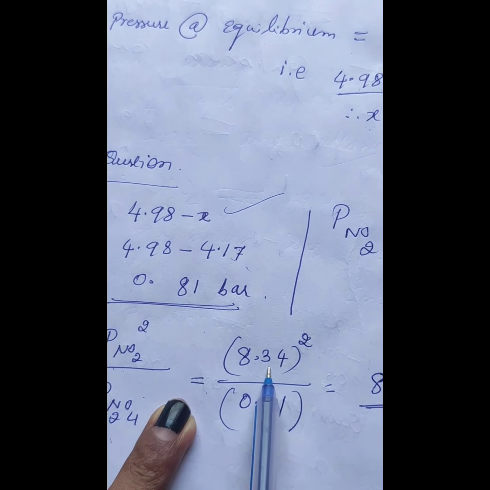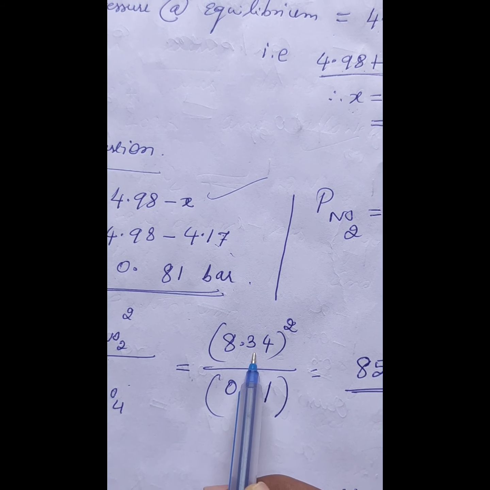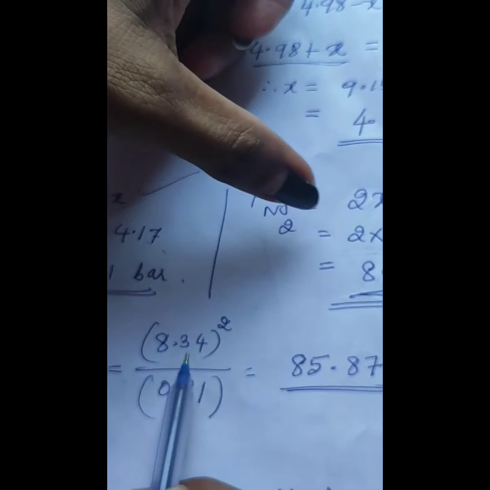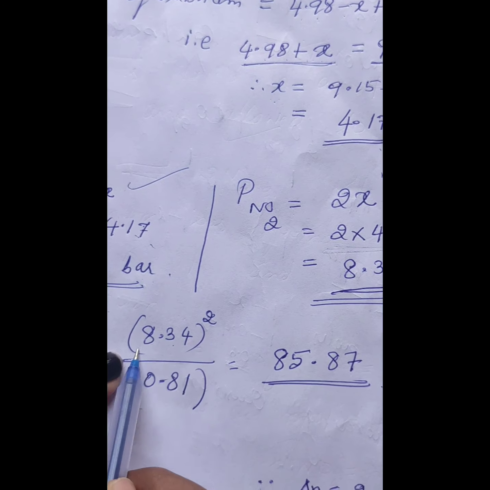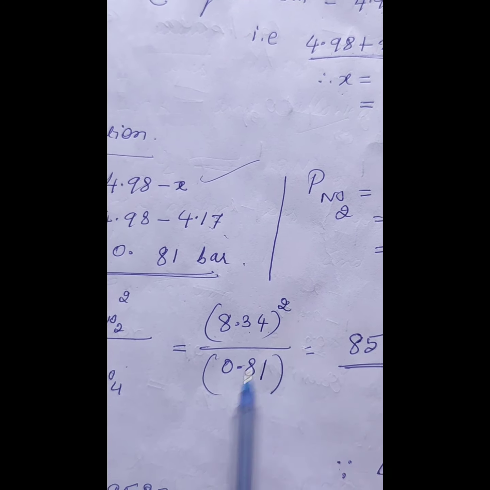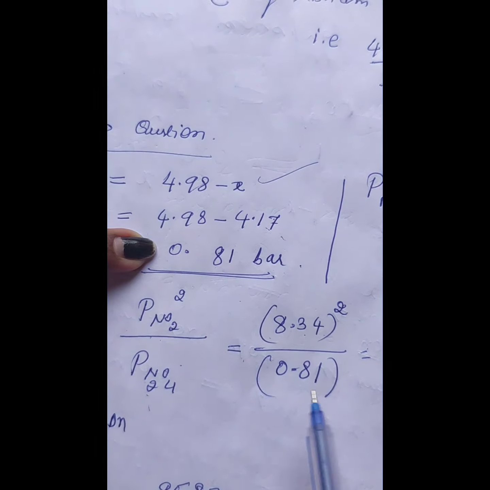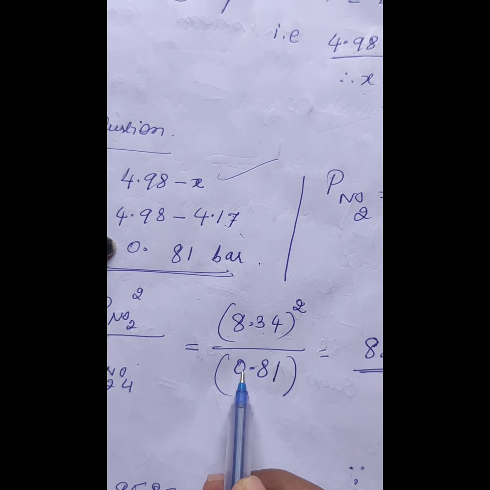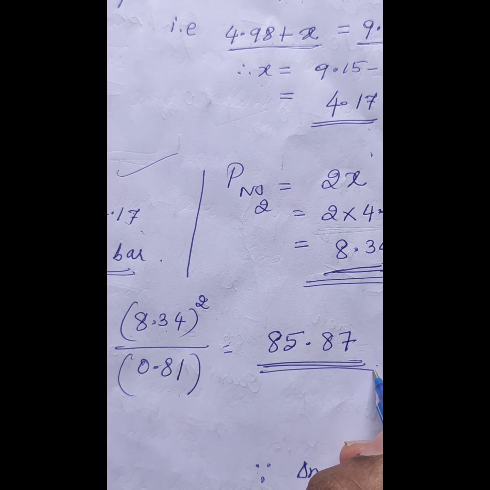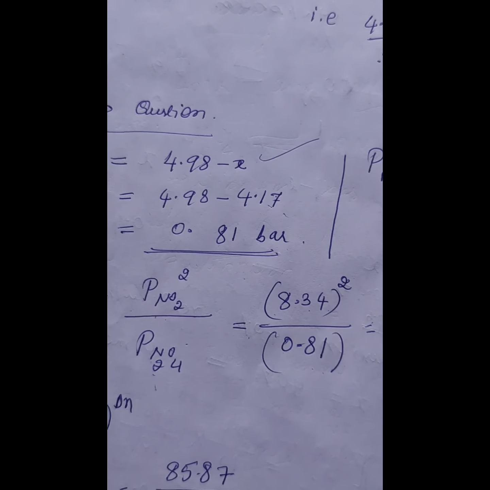Now substitute the values. As you have got the partial pressure of NO2 as 8.34, substitute its power 2 divided by the partial pressure of N2O4 you have got above as 0.81. Just substitute and simplify, you will get 85.87, that is the Kp value.